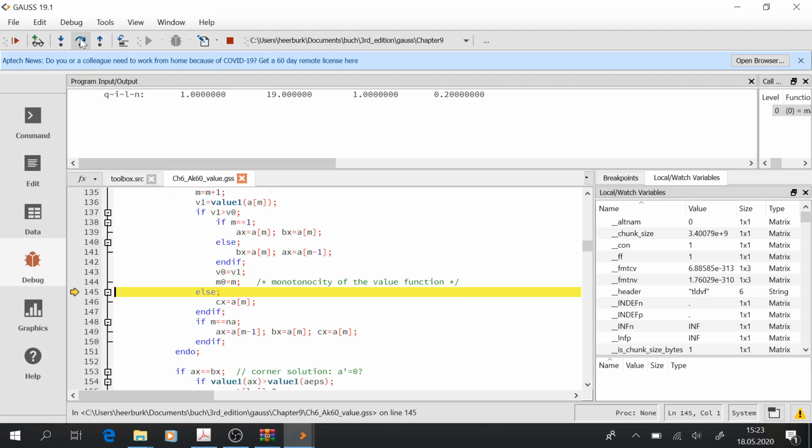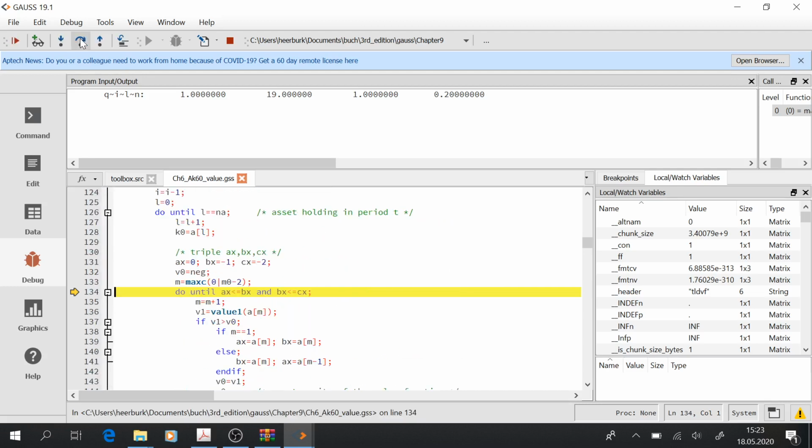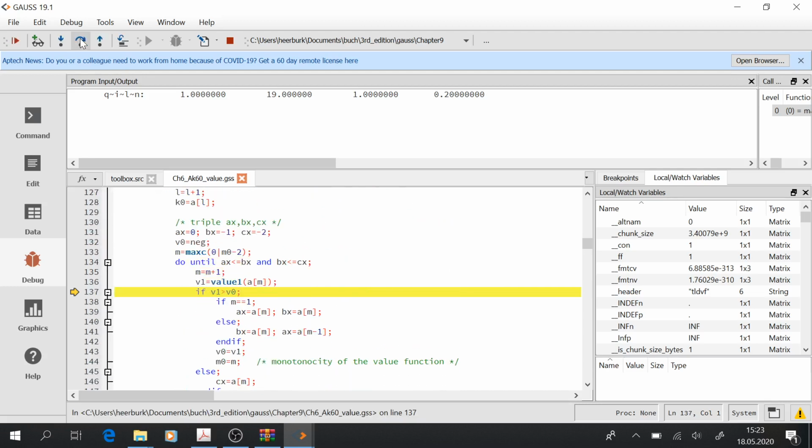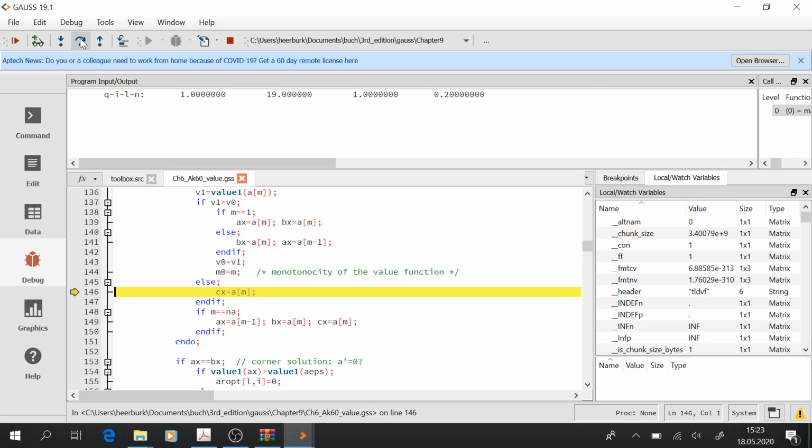And we continue to do this loop until our new right-hand side of the Bellman equation, v1 here, it's minus 30, is below the old maximum, minus 16.